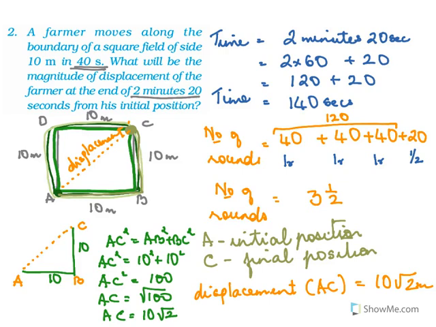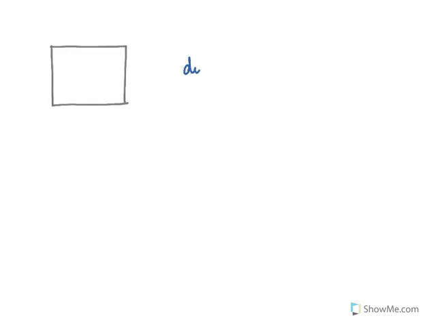Now we'll find the distance. To find the distance, we have already calculated he has taken 3.5 rounds. So 3.5 is 7 by 2.